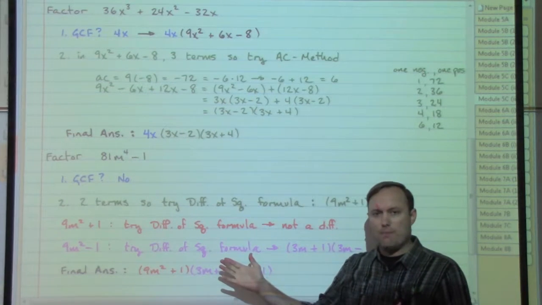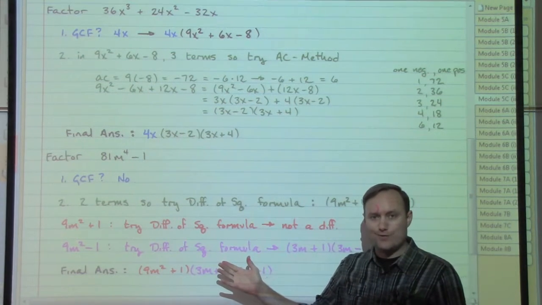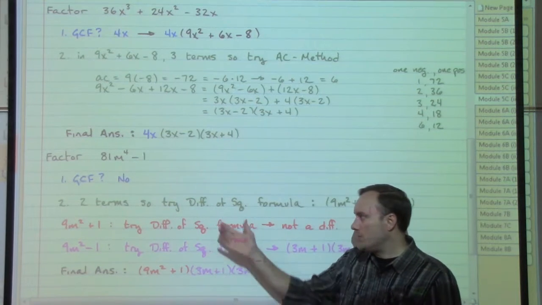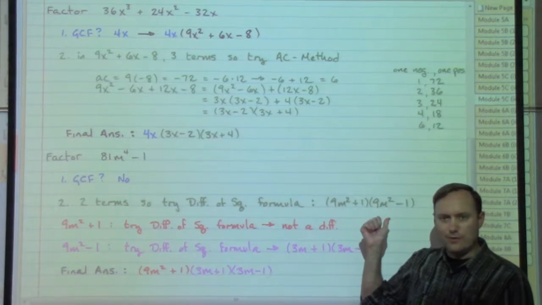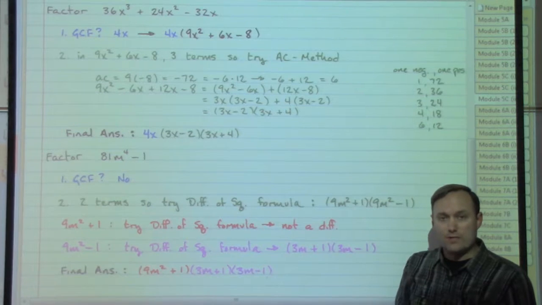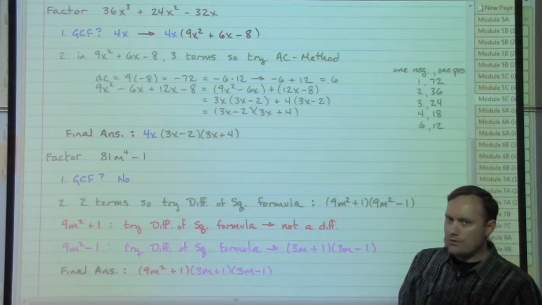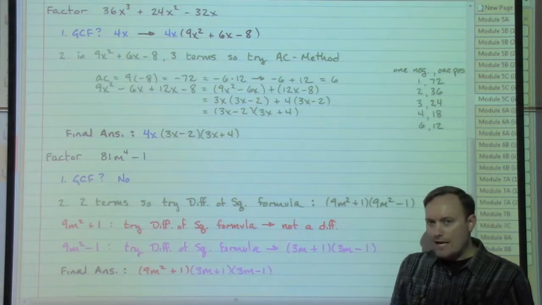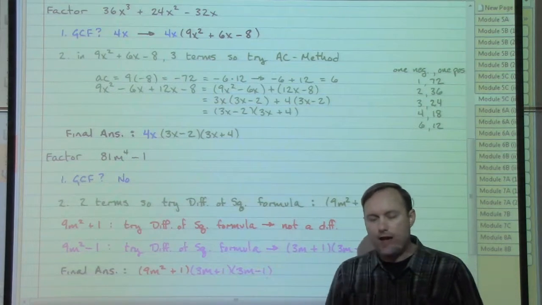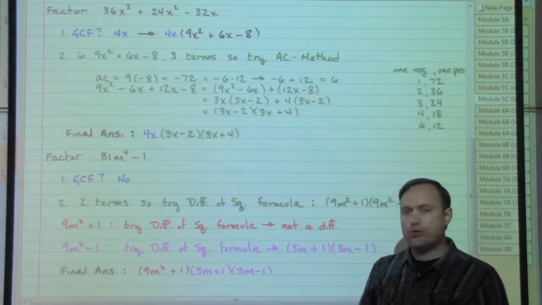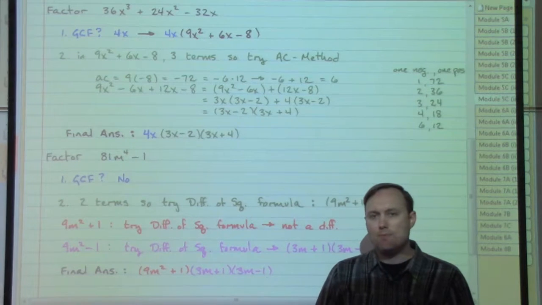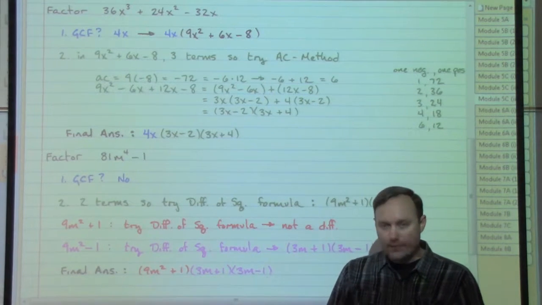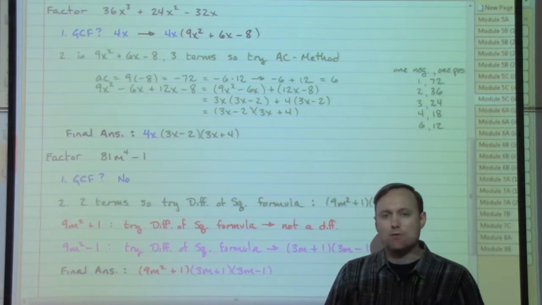Like our second example, we have more factoring to do, even though we started with a little bit. We don't want to stop too soon. We don't want to go too far. We don't want to forget anything along the way. The factoring checklist is going to help make sure that you avoid those kinds of common mistakes and get the completely factored final answer that you need.